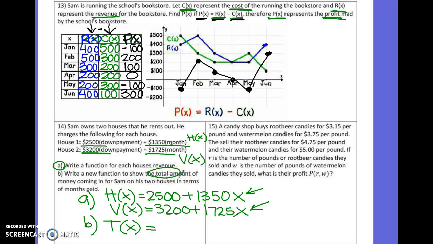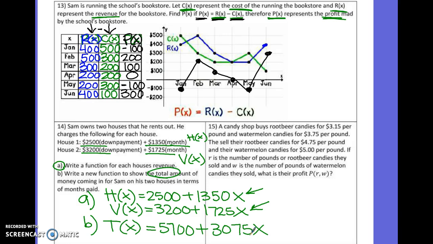Total means add. So we're going to add these two together and find out we got $5,700 coming in for the down payment, and every month these people pay a total to Sam of $3,075 each month. So that is the total.